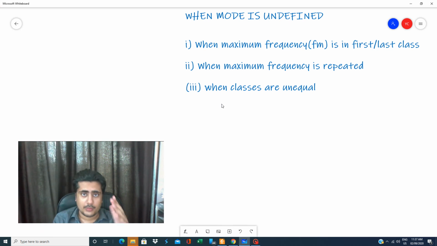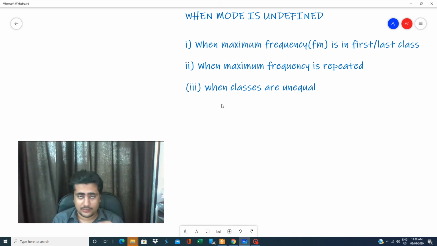So you have to remember these 3 points. I'll tell you why you have to remember. In three cases mode is undefined: when maximum frequency is in first or last class, when maximum frequency is repeated, and when classes are unequal.